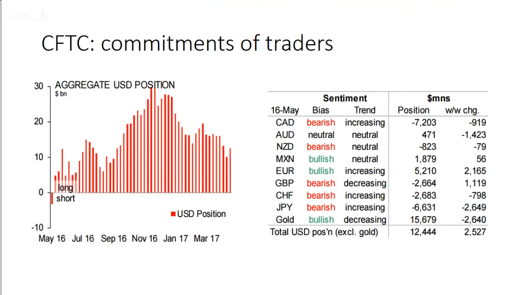Here we saw that the net position changed to the negative side. The Canadian dollar is now in the largest net short position. You can see in the table here, and the bearish bias for the Canadian dollar is increasing.